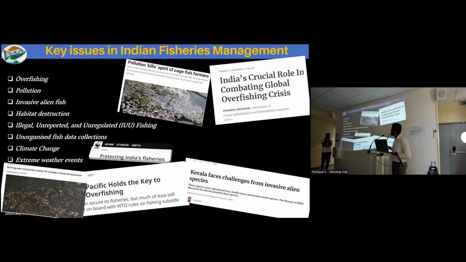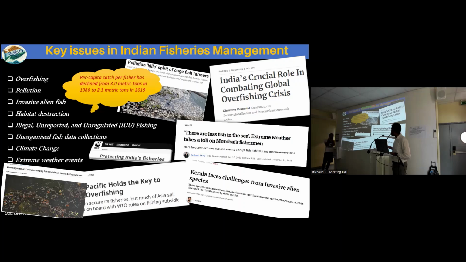These are the major issues we are suffering from. Ultimately, the result is declining catch per fisherman, because biodiversity is declining, and Indian fishery is known for its diverse fisheries.